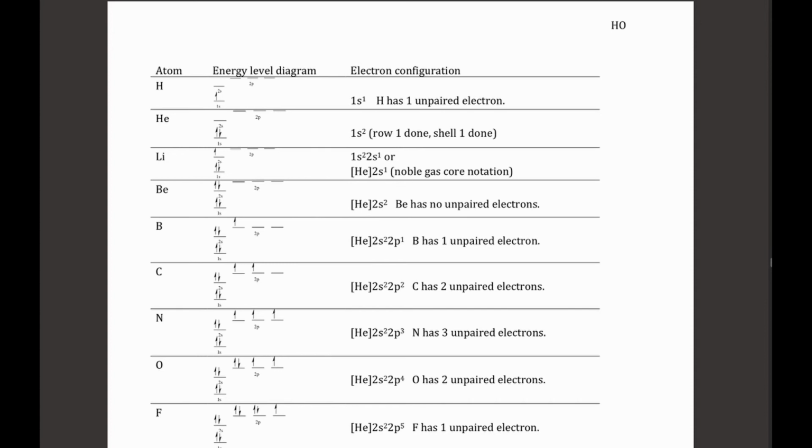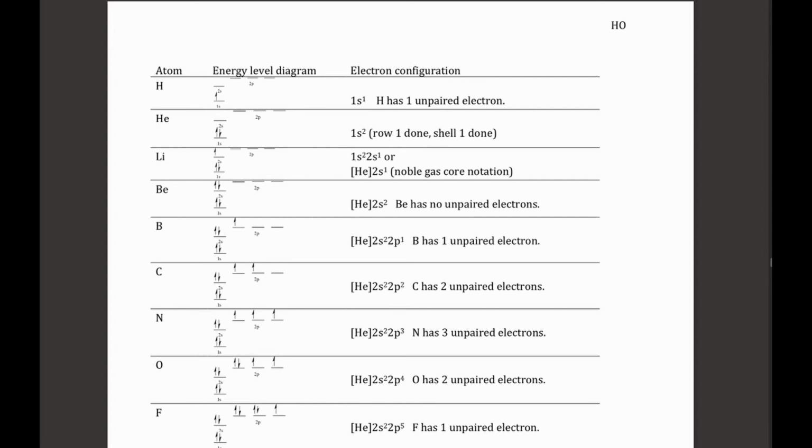Carbon, we have one more electron. We put that in the next 2p atomic orbital, spin up. So electron configuration [He] 2s2, 2p2. Carbon has two unpaired electrons. Going to nitrogen, we have one more electron, so now we have 3 unpaired electrons. Electron configuration [He] 2s2, 2p3.